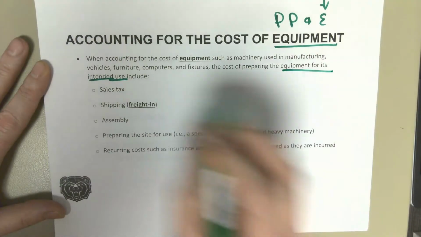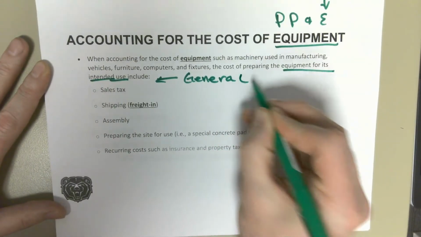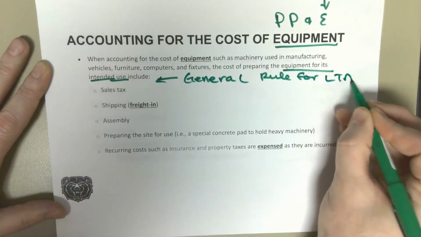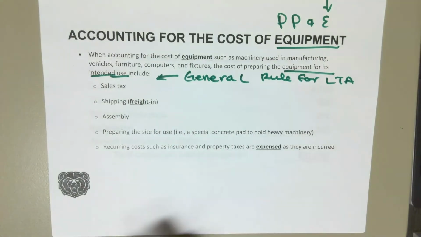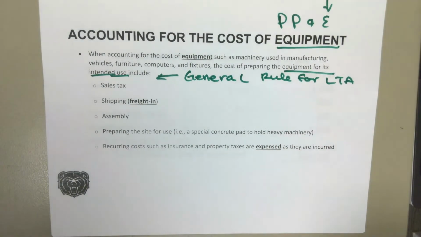So, again, that's that general rule for long-term assets, right? Whatever it costs us to get it ready to actually use in our primary operations is going to be included in our cost.